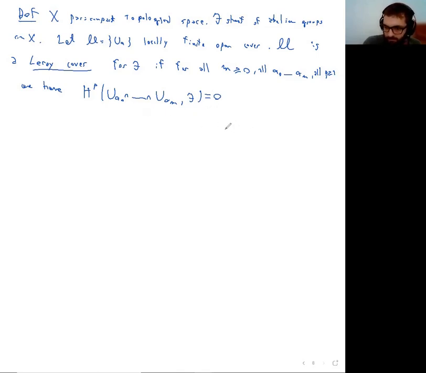That's what we call it. So it is some kind of acyclic. I mean, acyclic is a generic term which is used whenever some cohomologies are 0.